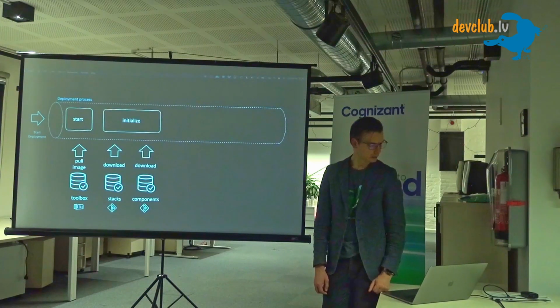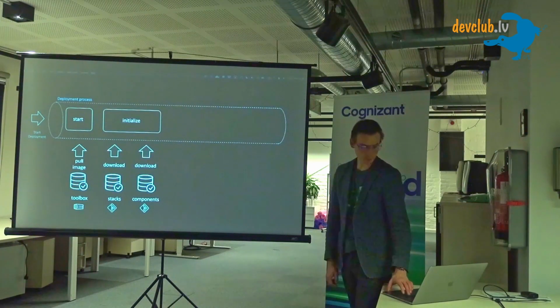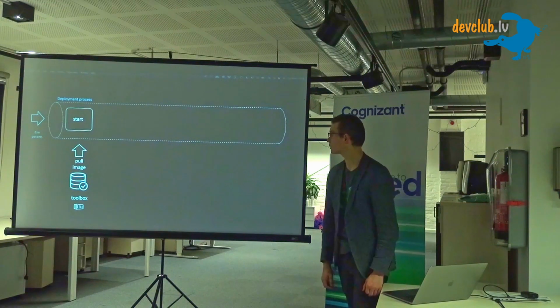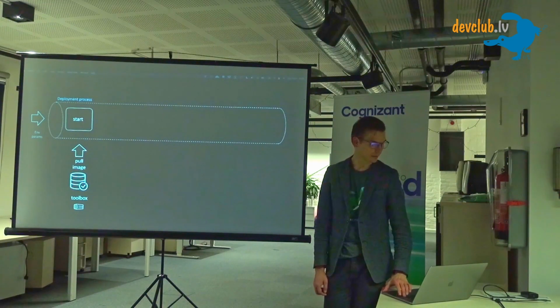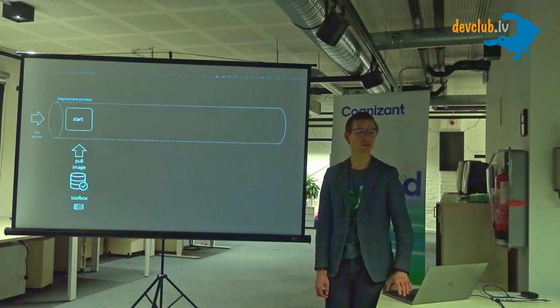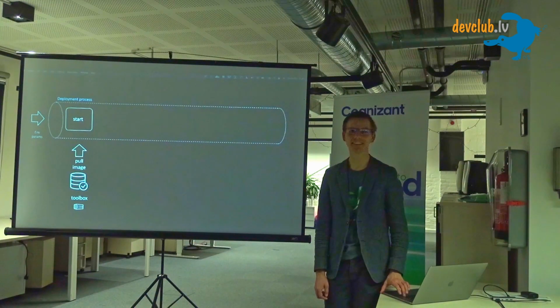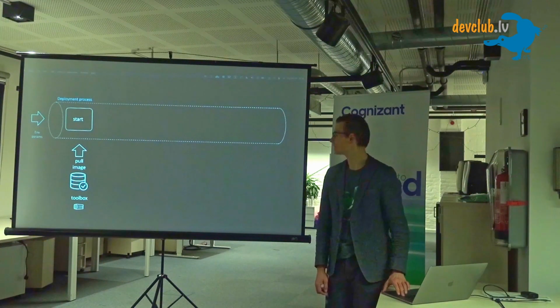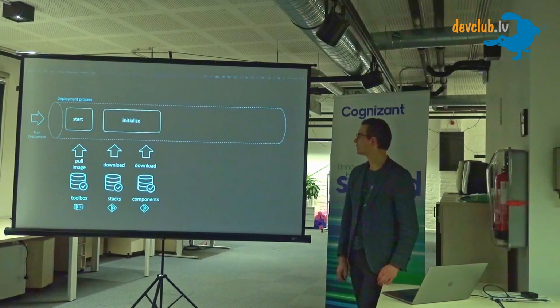And then the first step in the pipeline will be to download the toolbox image. It also makes all the CISOs happier because they can review the Docker images and inspect them for vulnerable software or unauthorized software and so on. So this is okay.